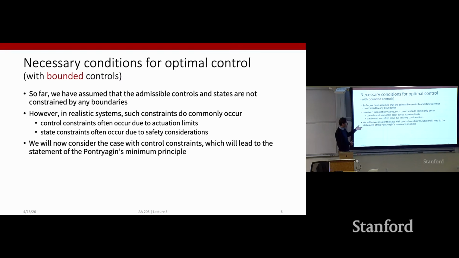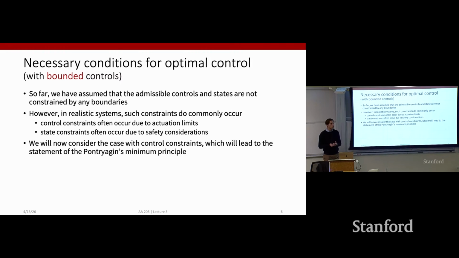Now, for the purpose of this class, we'll focus on including the case of bounds on the controls. And we will not discuss the case where we include bounds or constraints on the states. First of all, because the mechanics become substantially more complex. And also because in practice, indirect methods are not really the tool of choice to handle constraints on states.